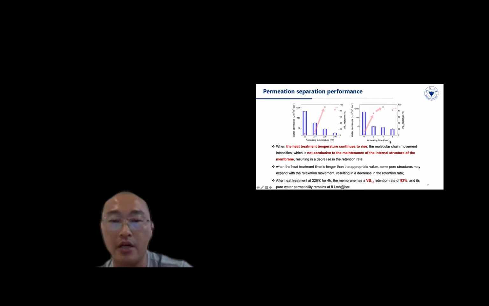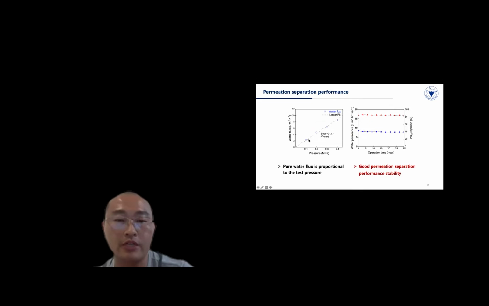Also with increased time, the permeance decreases and the VB2 rejection increases. That means this can operate clearly from UF to NF.